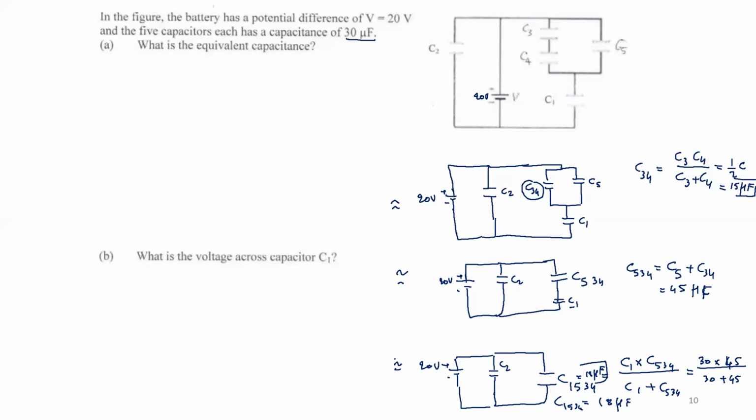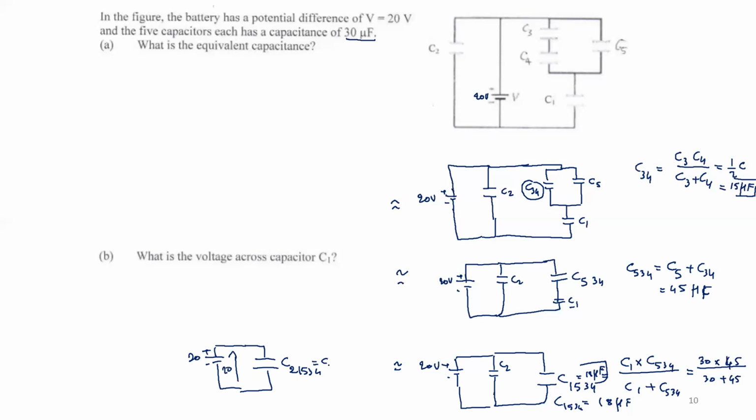Okay, last but not least, I have 20 volt plus minus. You connect it now to the final equivalent capacitor. So they're in parallel, C2 and C1534. So here you have 20 volt.